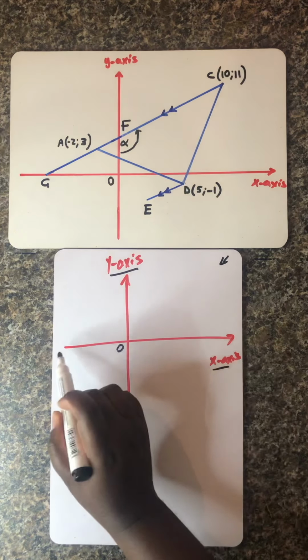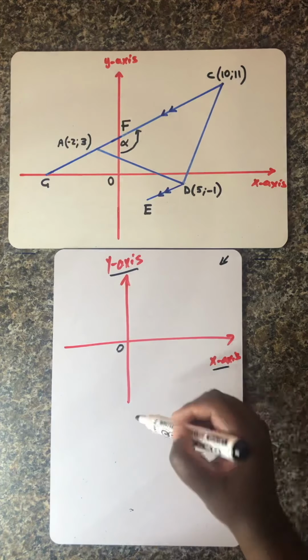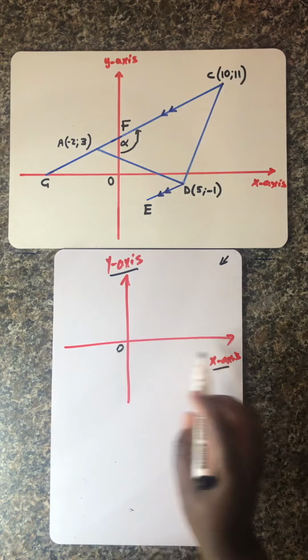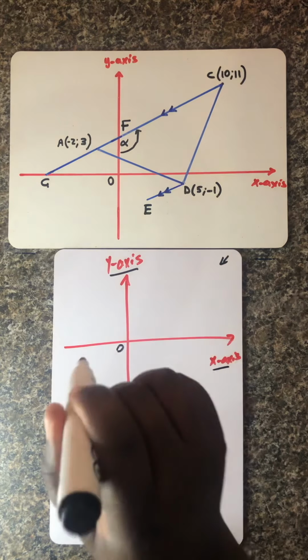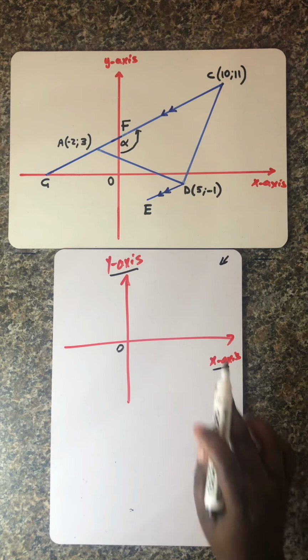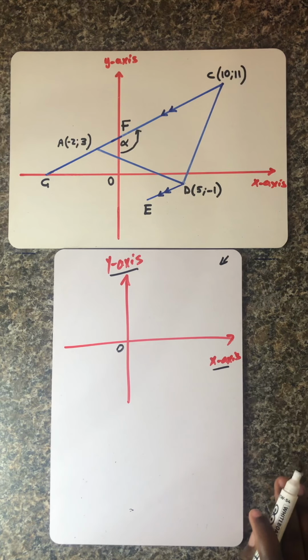I've already indicated that we've got a Cartesian plane, which has the x-axis and the y-axis. In high school, you only focus on the x and y-axes. When you get to tertiary, that's where they introduce the z-axis. Let's not worry about the z-axis for now. So this is 2D, and at tertiary it will be referred to as 3D.